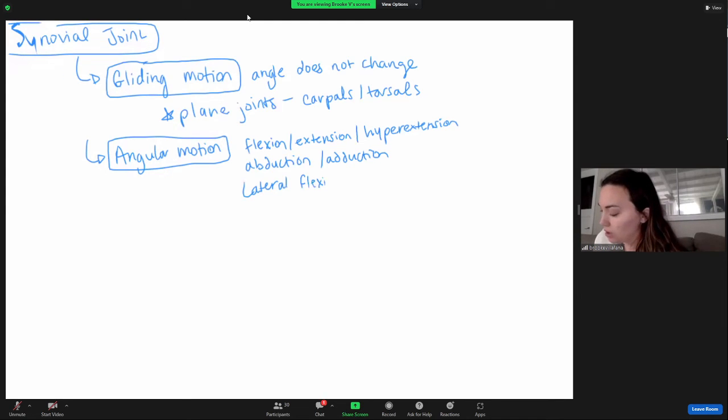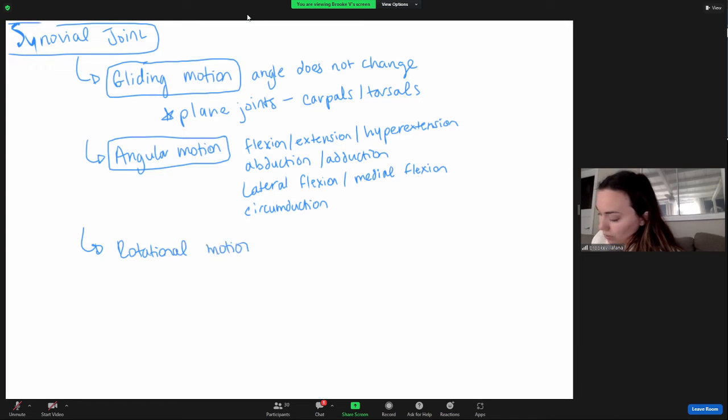When we say it's not comprehensive, it's not, but we'll make it clear if we're retesting you. So you will be retested on these same terms again for all the types of movement. Flexion, extension, hyperextension, abduction, adduction, lateral flexion, medial flexion, and circumduction. All of these are angular motion. Rotational motion is going to be your lateral and medial rotation.